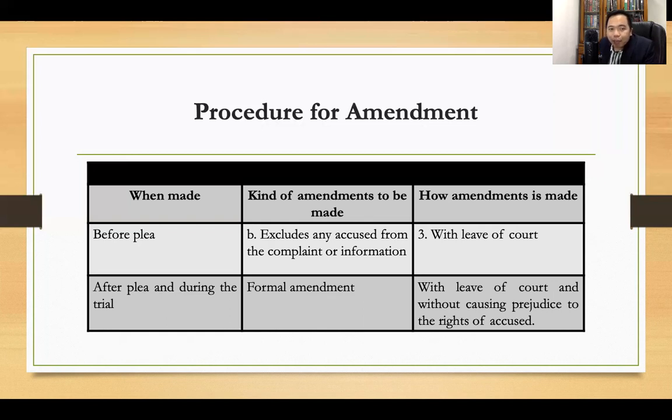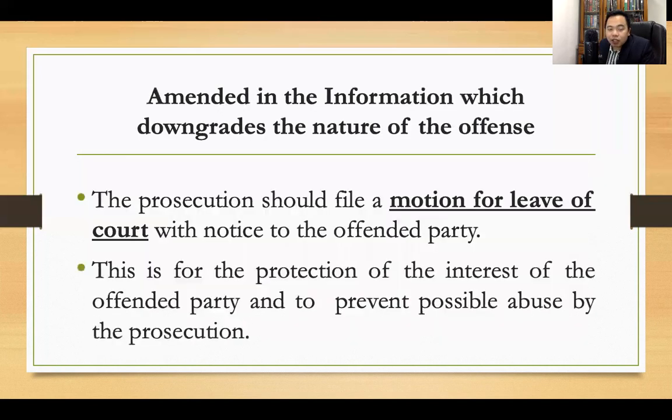However, if the amendment is made after the accused enters his plea and during trial, then even in case of formal amendment, it can only be made with leave of court and without causing prejudice to the rights of the accused.